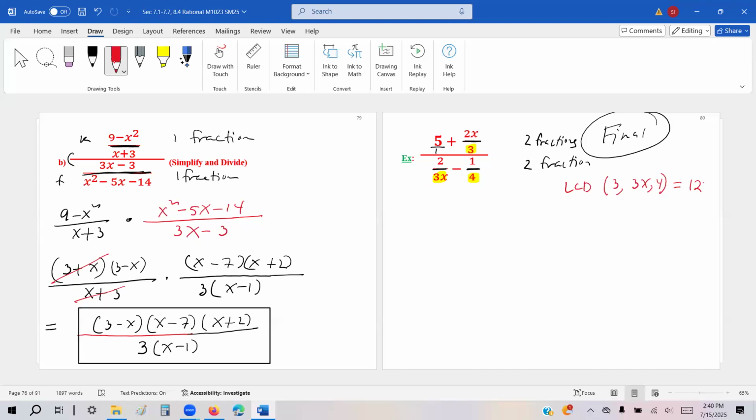We have to keep it x. This is the easiest way. There are many other ways you can solve it, but I found this is the easiest and shortest method. Find the LCD of all the denominators you see, and then multiply the numerators. So let me rewrite all of my numerators. 5, 2x over 3, 2 over 2x minus 1 over 4.